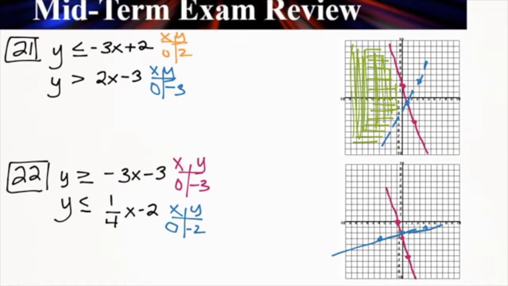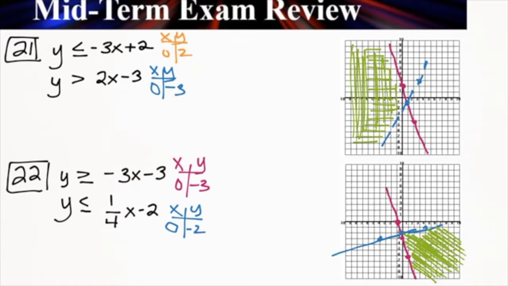Okay. Now, the first line is supposed to be greater than, and the second line is less than. So I'm going to go to where the first line, which is my pink line, is greater than, and my second line is less than. So I'm going to go right here because that is true for both of those. I'm looking for the section where it's true for both.